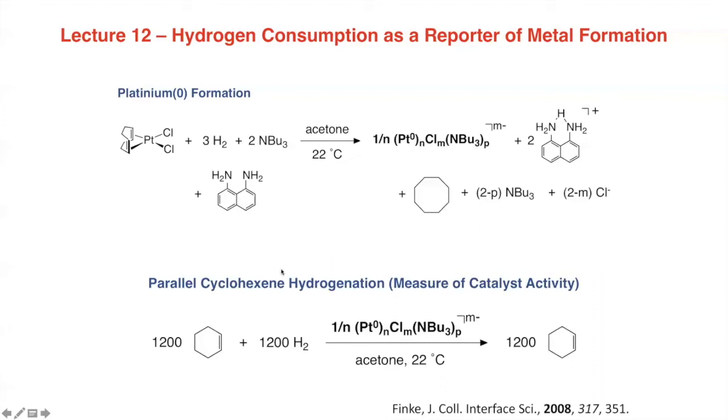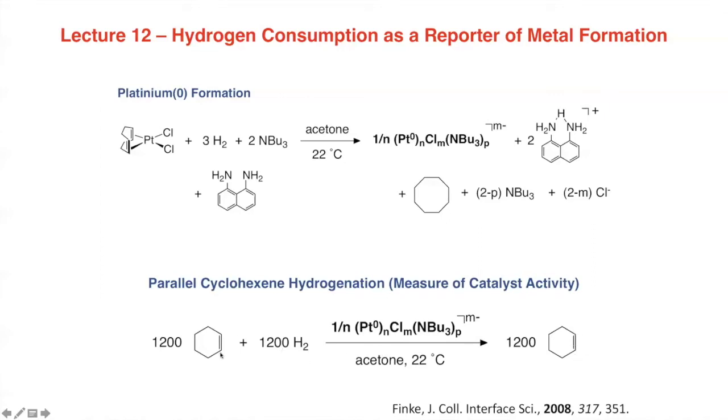And Finke, in order to study these reactions, started looking at the hydrogenation process. Okay, so he started making platinum zero and then using the platinum zero colloids to catalyze the conversion of cyclohexene to cyclohexane. This is a typo. This should be cyclohexane.